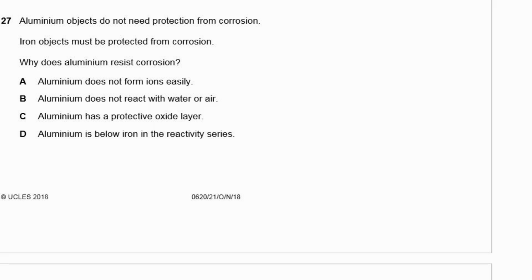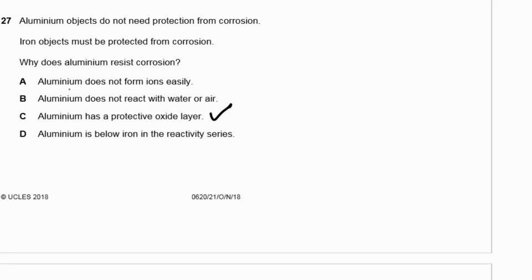You use it everywhere you don't want reactions, like aluminium foil, aluminium airplanes, aluminium food containers. These you do not want any corrosion. So you think it's unreactive, but the reason why you use them is because it is extremely reactive. It reacts with the oxygen so quickly that there is a protective oxide layer on the aluminium.